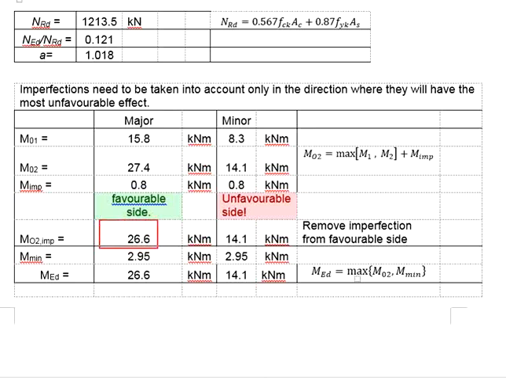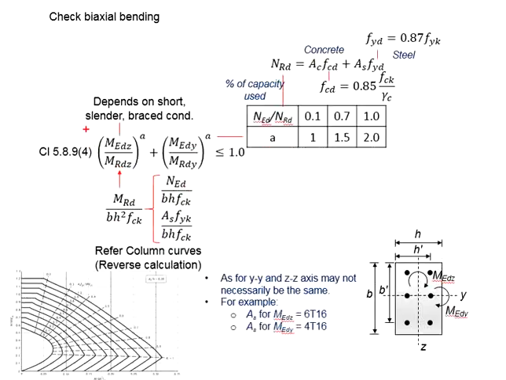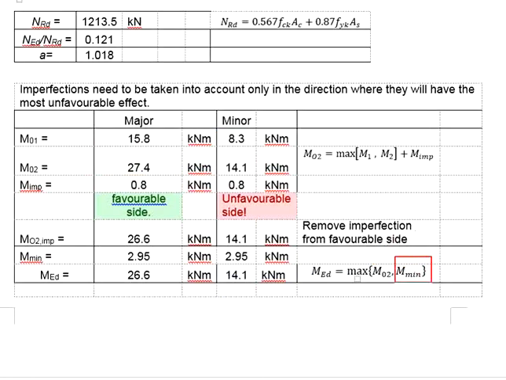After removing the moment due to the imperfections, we work out the new MEd that you may apply into the equations here. Check against the Mmin. The bigger value of the two shall serve as the MEd for the major as well as the minor axis.